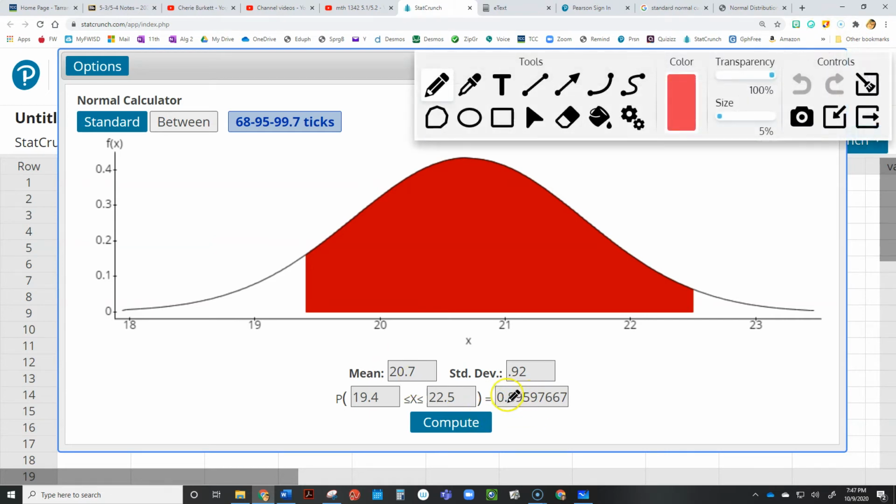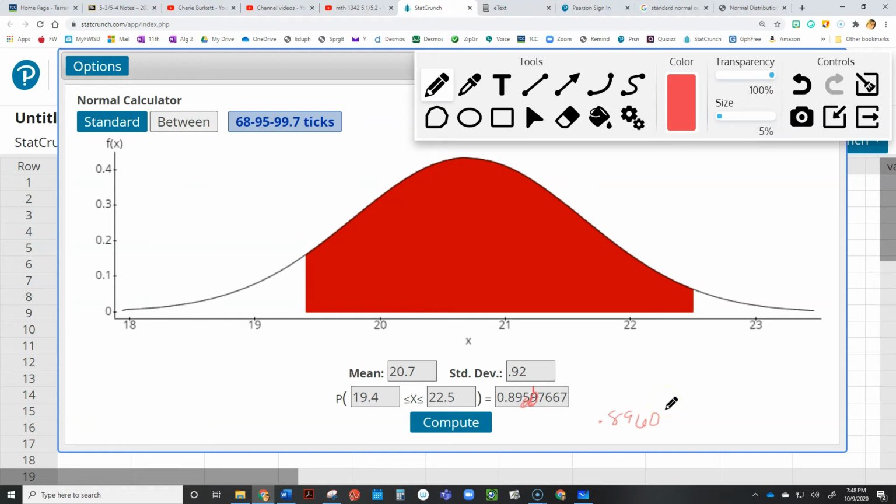We usually do 4 decimal places, 1, 2, 3, 4. So this decimal place right here is what I'm looking for. Look to the number to the right. That's a number that's bigger than 5. So this should round up to a 10. So put the 0 right there and then carry the 1. So the final answer is 0.8960.